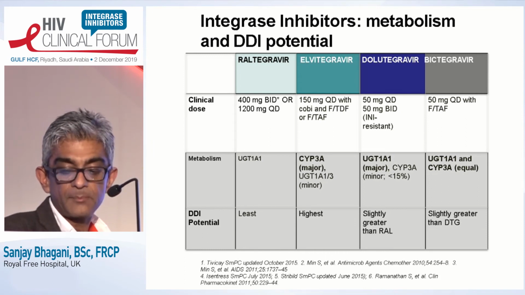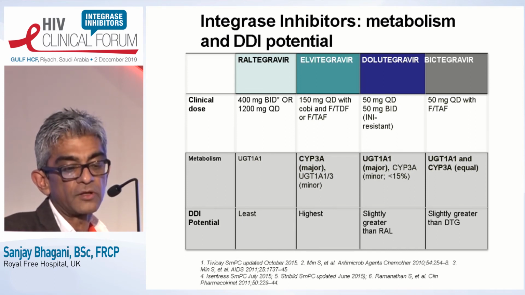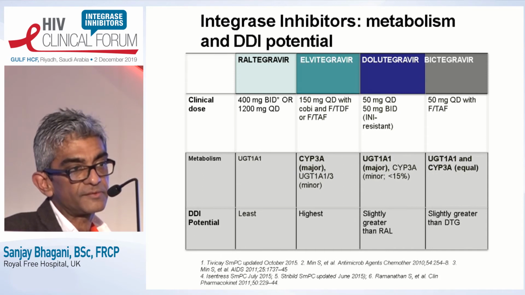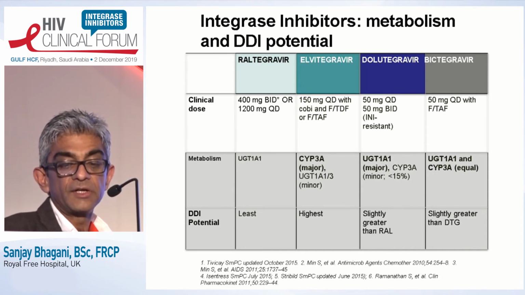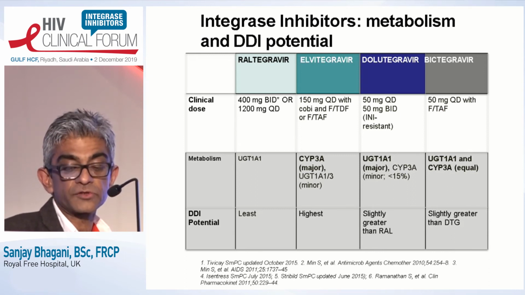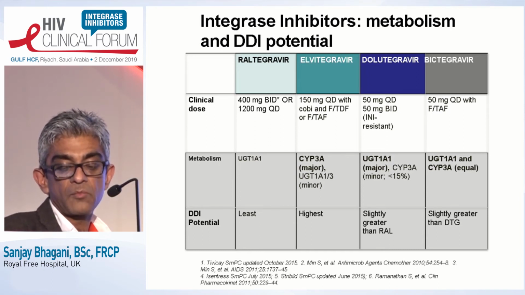In terms of metabolism, raltegravir probably has the cleanest DDI profile because it's metabolized principally by the UGT1A1 system. Elvitegravir, unfortunately, probably has the highest risk of drug-drug interactions because its major metabolism is through CYP3A with some minor contribution from UGT1A1 and 3.